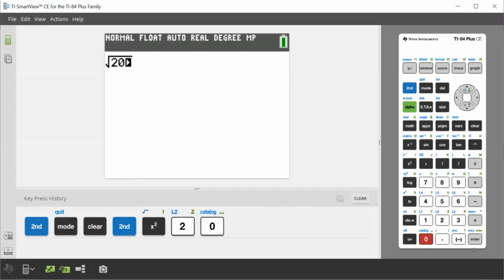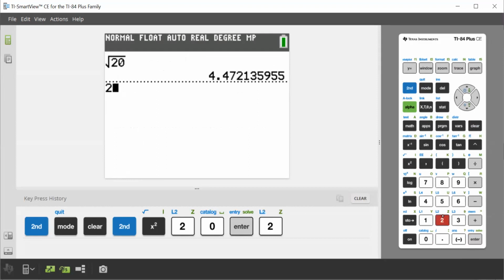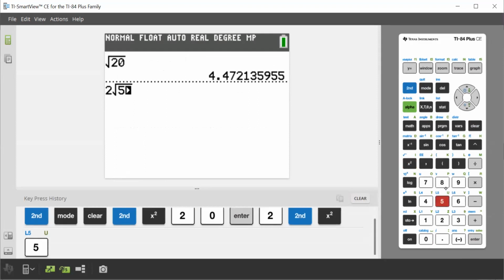So I put the square root of 20 in my calculator. Gives me that long, ugly decimal. Then what I want to do is simply check my answer. So I put my answer in my calculator. And do you notice I get the exact same thing? That means I did it correctly. So that's how you're going to check all of your work, my friends. Easy as that. Pretty cool, hey?